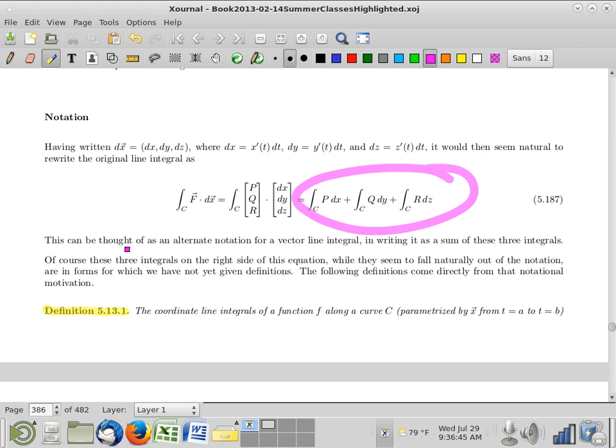Awkwardly, we're combining notation that we've never combined before. We've talked about line integrals over a curve. We've talked about dx, dy, and dz before, but we've never talked about a line integral of a function times dx. And this is a totally new kind of integral. This as a single object, we've never talked about before.